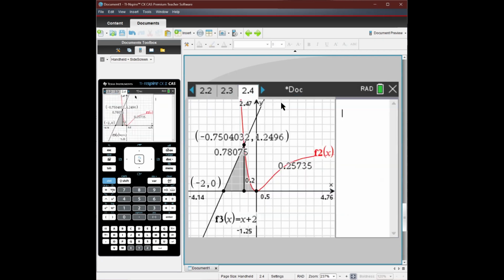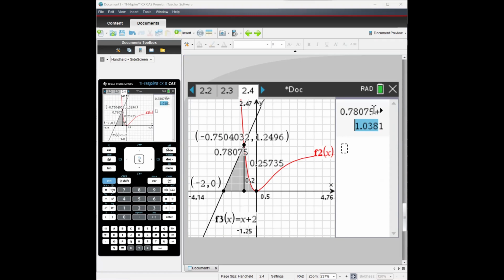So it's 0.78075 plus 0.25735. Okay, so the answer is 1.0381 something. So just truncate it to 1.038. Okay, all right, let me get back and write down the working.